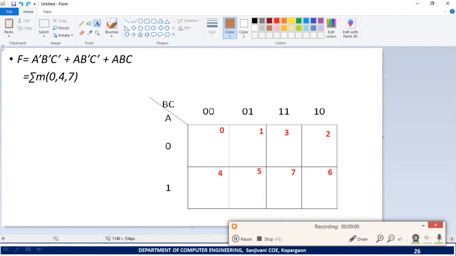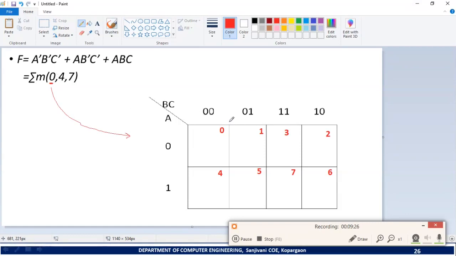Right, now what do we have to do? We just have to represent this particular function on this K-map. Now see, which is the first minterm that is present in this function? 0. It's very simple. In this K-map you have to identify the cell which corresponds to minterm 0.